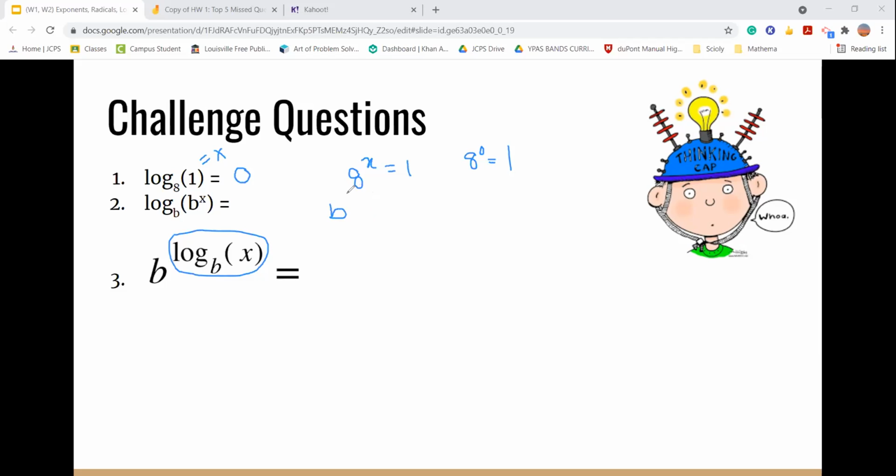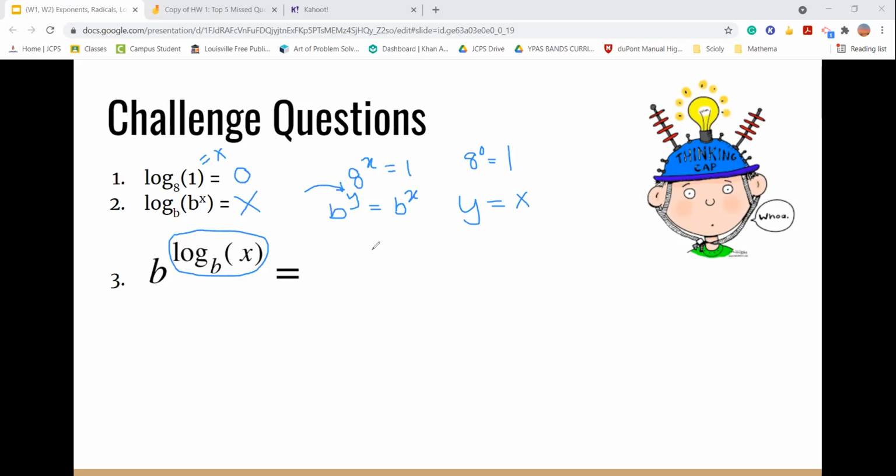What power should b be raised to in order to equal b to x? The x power? Yeah, it would just be the x power, because the definition of a logarithm is saying what power should b be raised to get b raised to the x power. So that'd just be x.